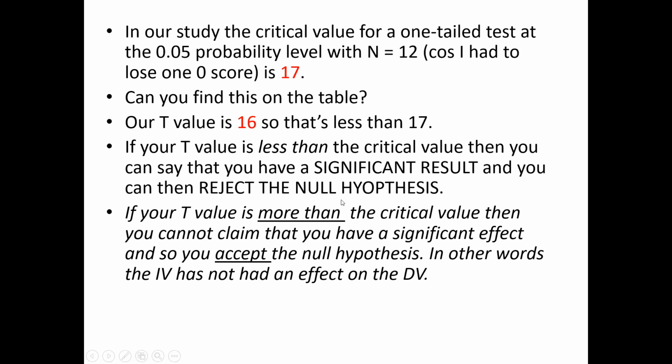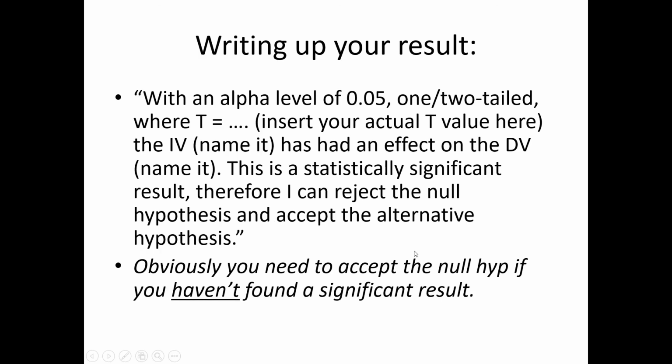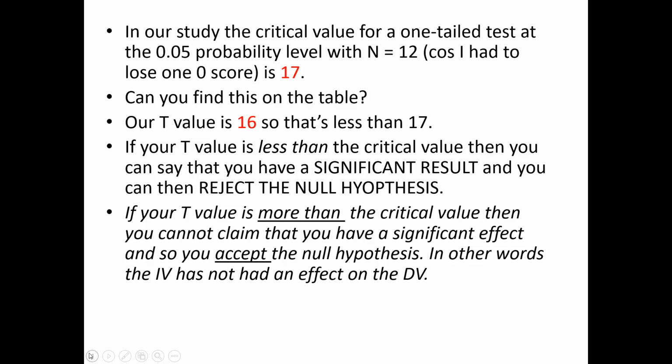Who would really expect you to be able to find a significant result? Your students. You've got a small sample, you've got less than perfect conditions. It's highly unlikely that you would find a significant result anyway. Now, if your t value is more than the critical value, then you can't claim significance, you have to accept the null hypothesis.